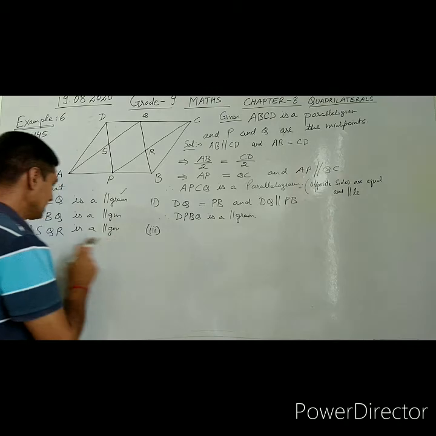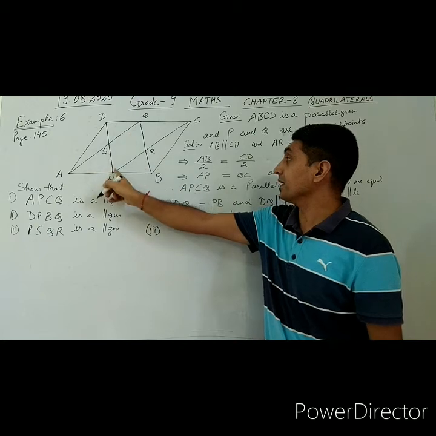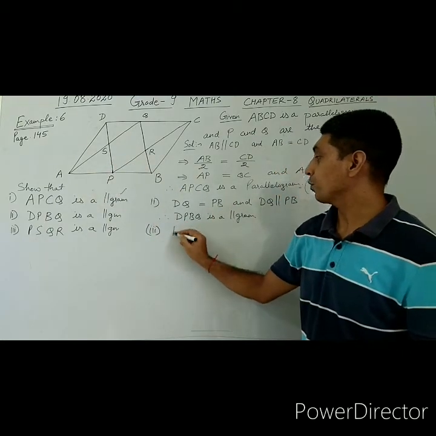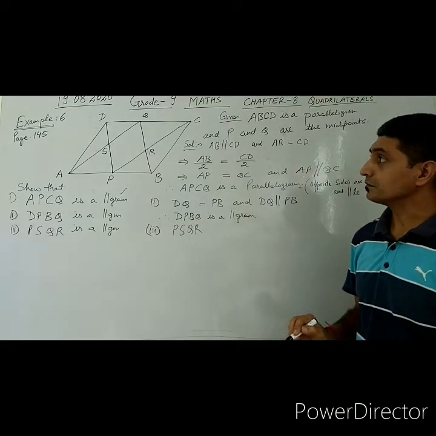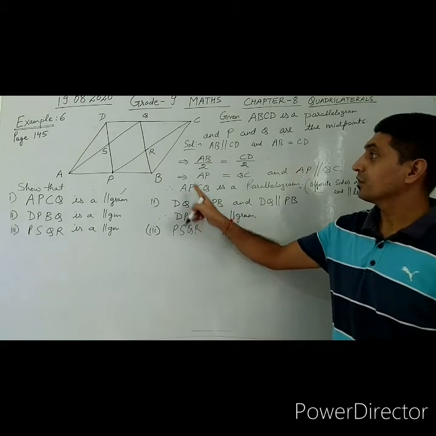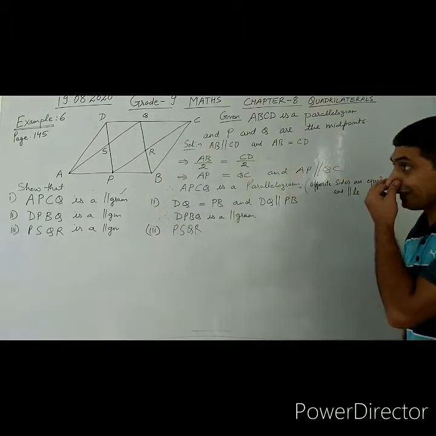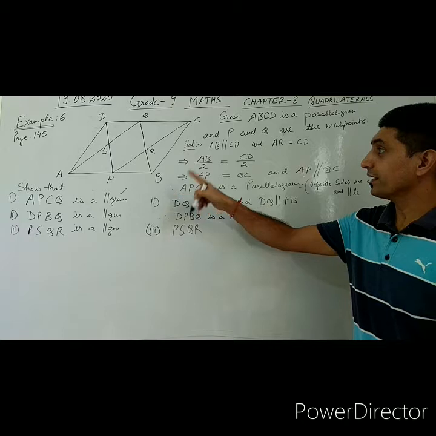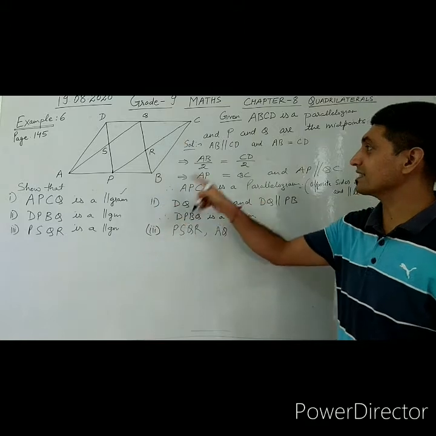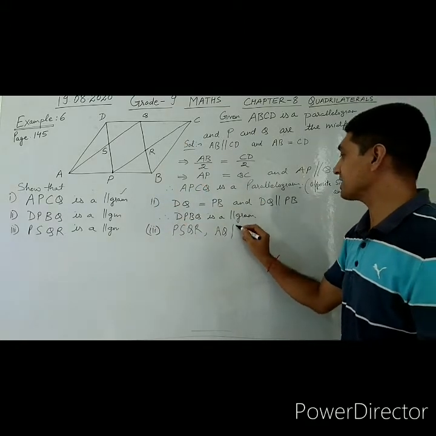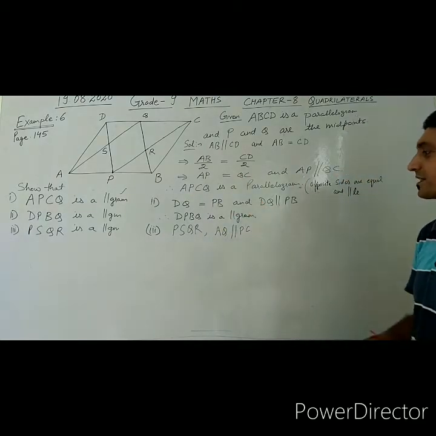Now how to prove this PSQR? So here from the first part we have proved that APCQ is a parallelogram. So we can start here that AQ is parallel to PC. AQ is parallel to PC. This is the other pair of the opposite sides.